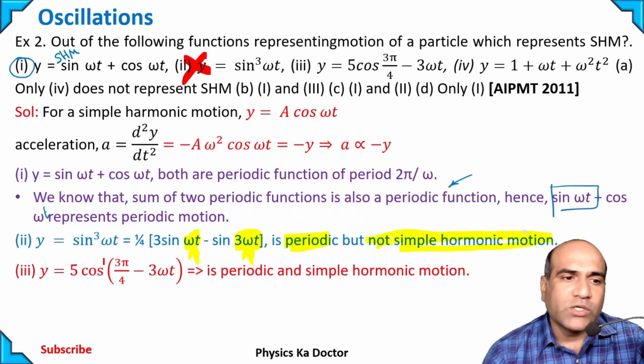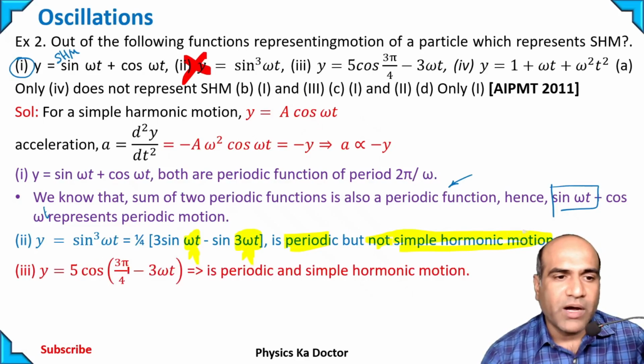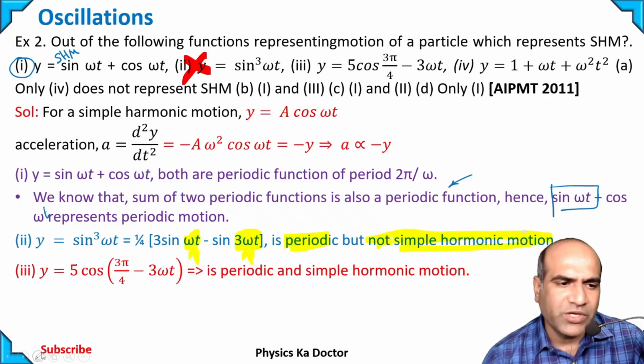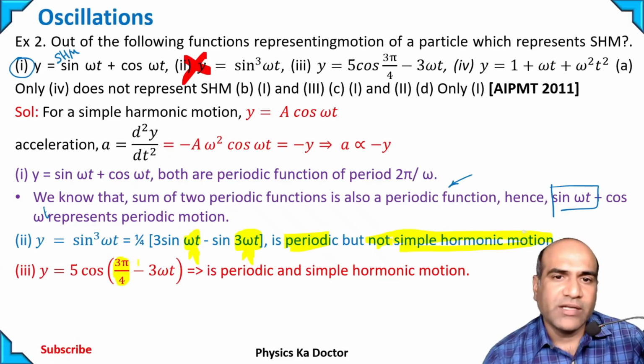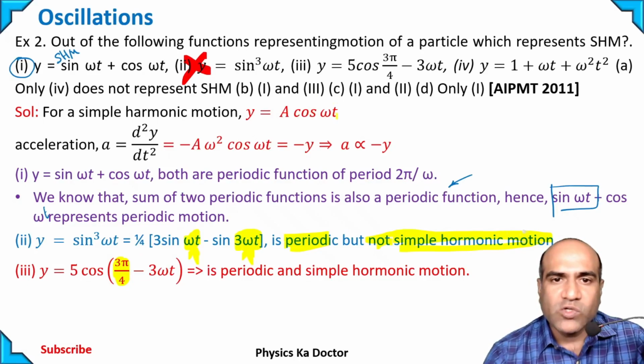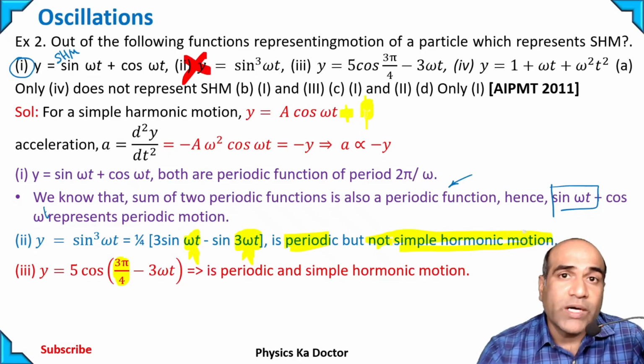y equal to 5 cos (3 pi by 4 minus 3 omega t). Whatever this value 3 pi by 4, it is a constant, nothing else. The original equation is A cos (omega t plus phi). Phi is known as the phase angle, the phase difference. It is the time required to respond by the system.